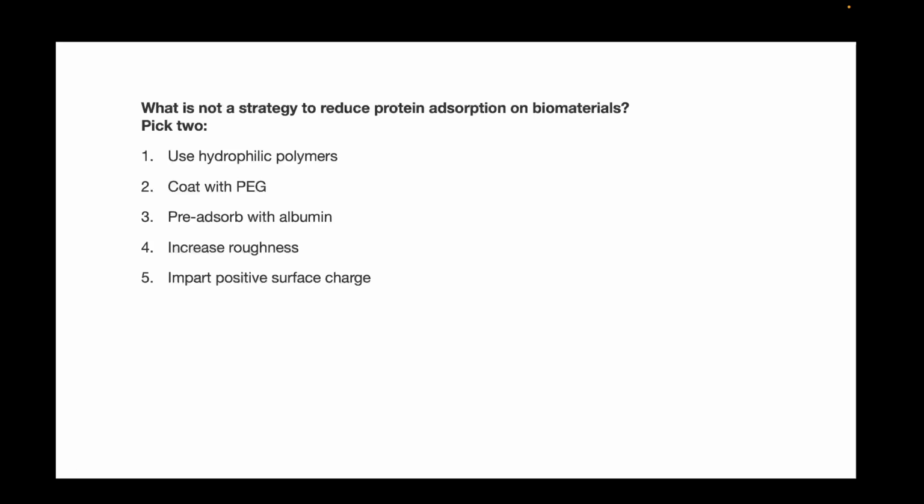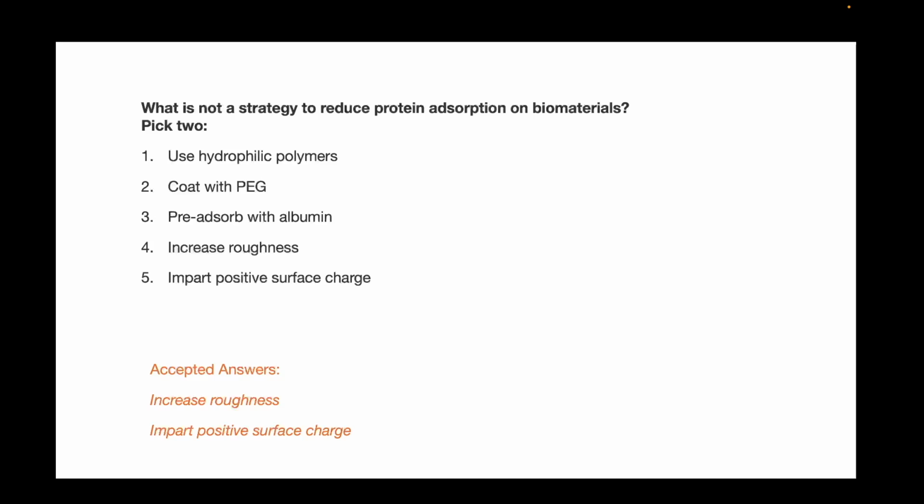Option 4 and 5 is the correct answer. Option 4, increase roughness, and option 5, impart positive surface charge. So here the question is, what is not a strategy to reduce protein adsorption, or basically which of these is a strategy to increase protein adsorption on biomaterials?